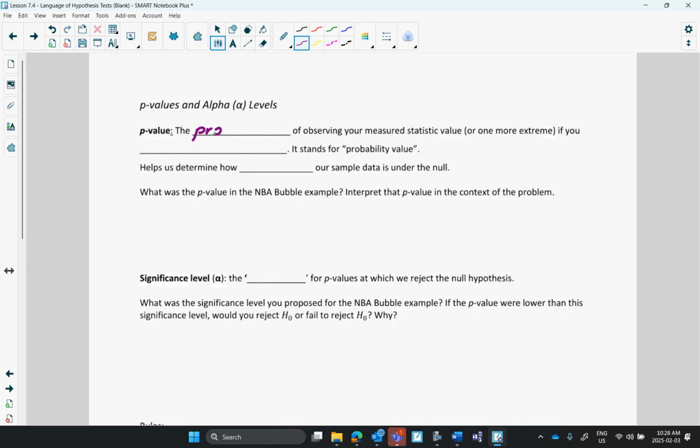The p-value is the probability, like I said, of observing your measured stat value, okay, if you assume the null hypothesis is true. And it helps us determine how unlikely or unusual our sample data is. And then we calculated this, it was 14 out of 100, which was 14%.